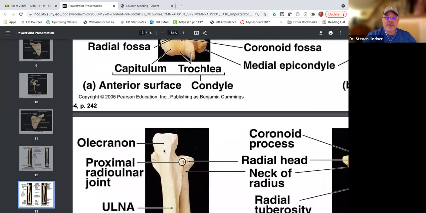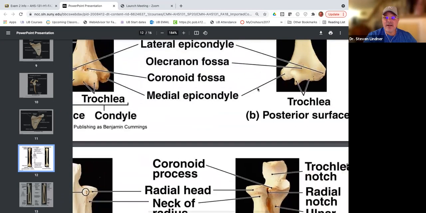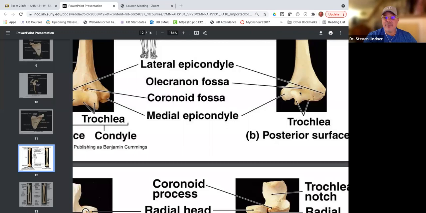On the back of the ulna is a structure called the olecranon or olecranon process. This is what you lean on when your elbow is leaning on a desk. It's this olecranon process that's actually making contact with the desk you may be leaning on. This olecranon process articulates here in the olecranon fossa.